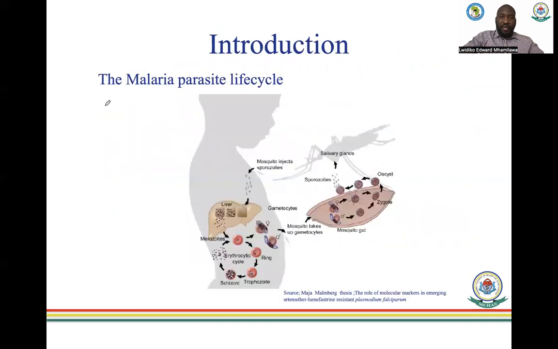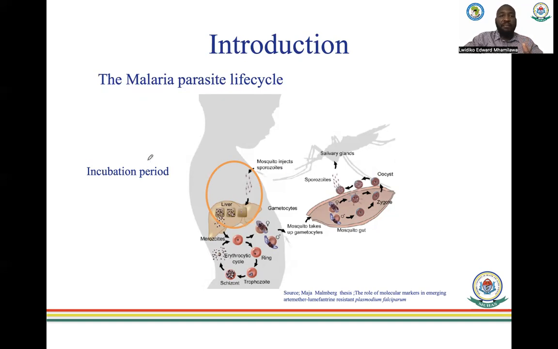For those who have seen a diagram like this before, don't worry about it, but mostly I want to orient you around areas where malaria can be prevented or treated and where malaria drugs can be used within the discussion of the malaria life cycle. The first part is where the parasite is injected into the human body, where the mosquito injects the sporozoites.